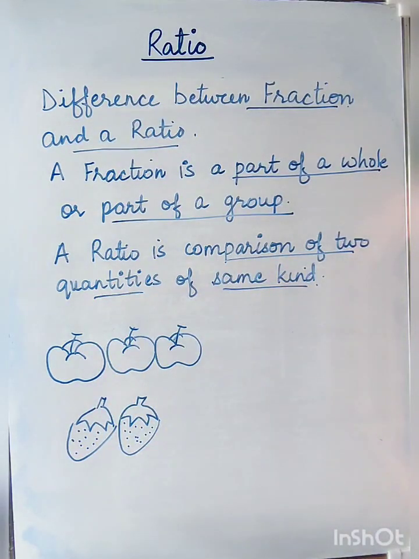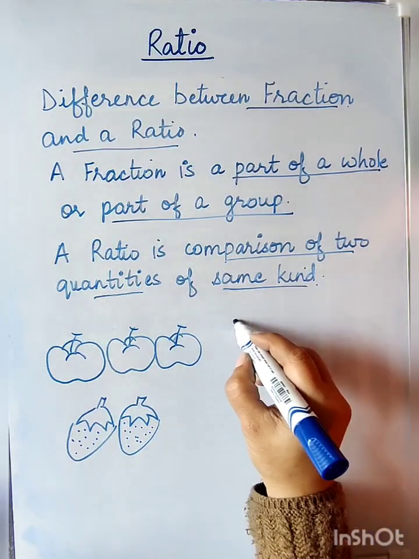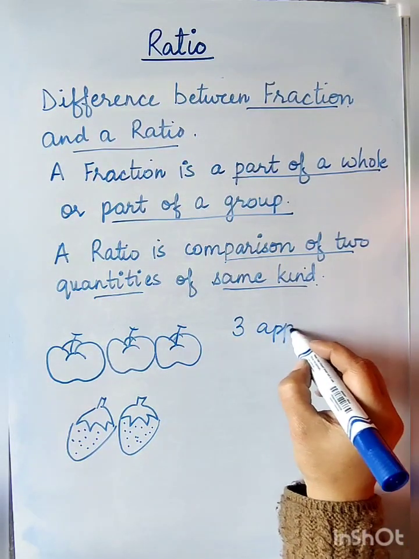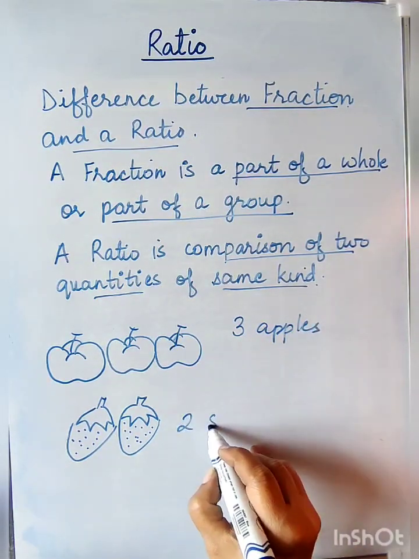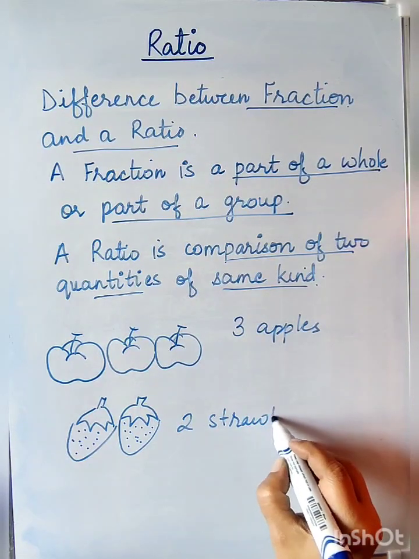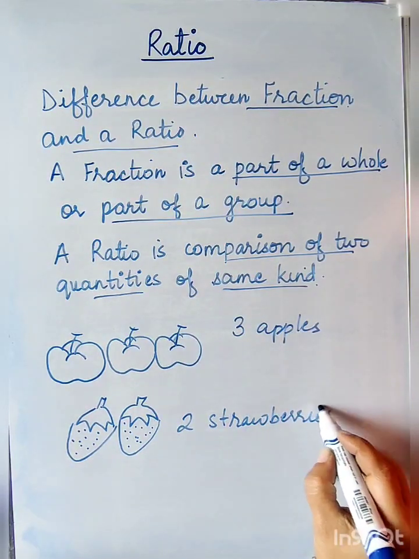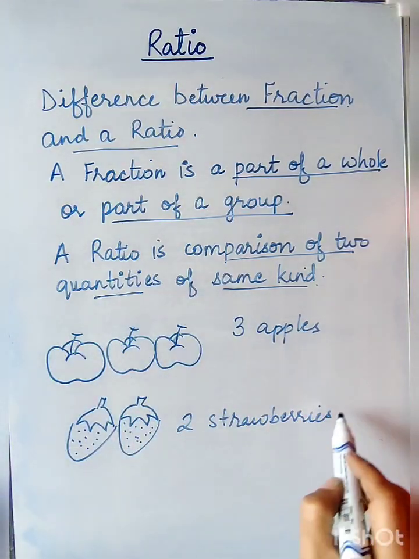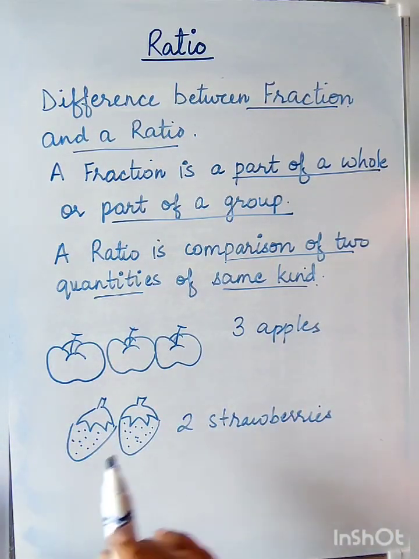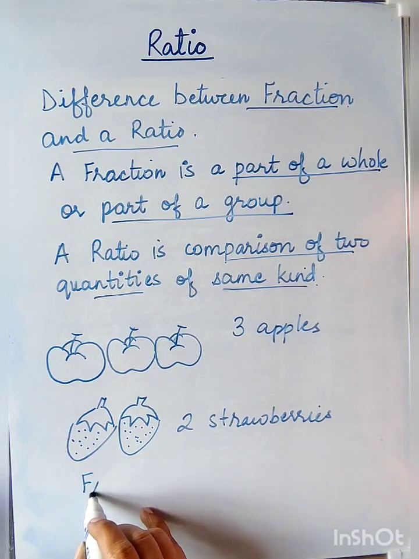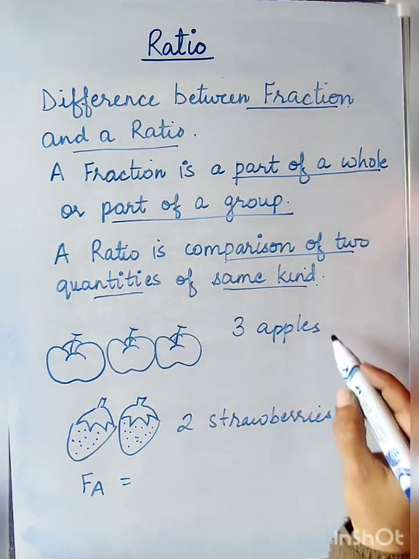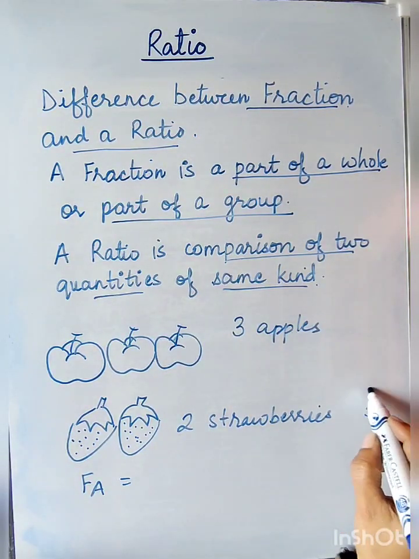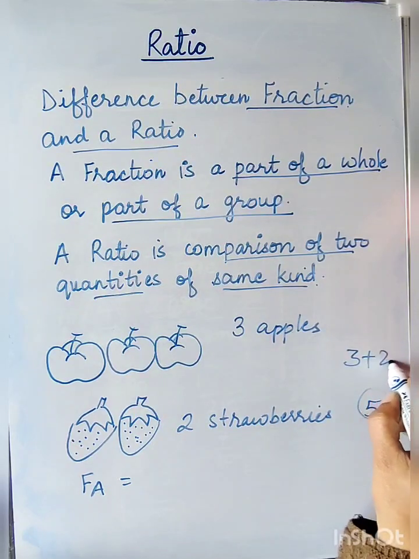Let us understand this with an example. Suppose there are 3 apples and 2 strawberries. When I am taking it as a whole group, if I find the fraction of apples in the group, the total number of fruit is 3 plus 2, that is 5.